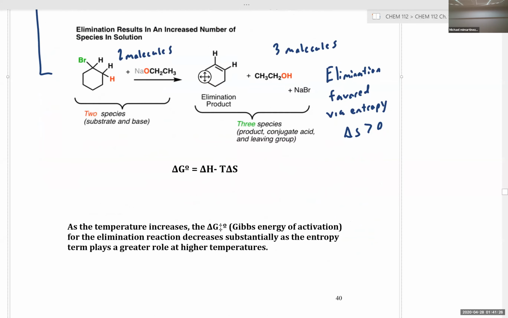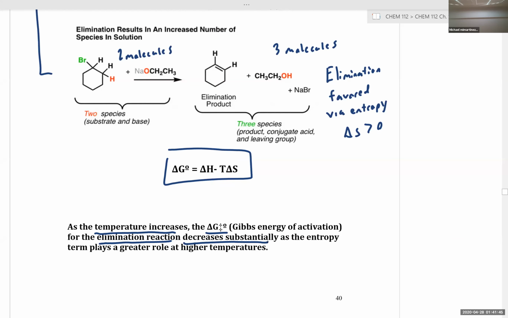Okay, so if delta G is equal to delta H minus T delta S, as the temperature increases, the Gibbs energy of the elimination reaction decreases substantially, and as a result, elimination becomes more favored at higher temperatures.